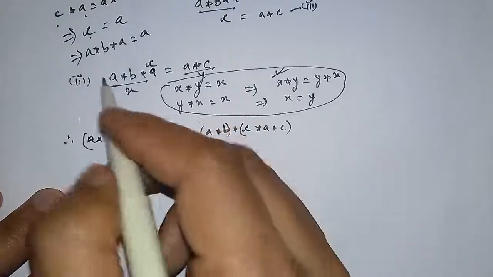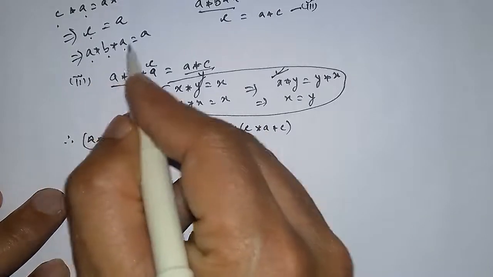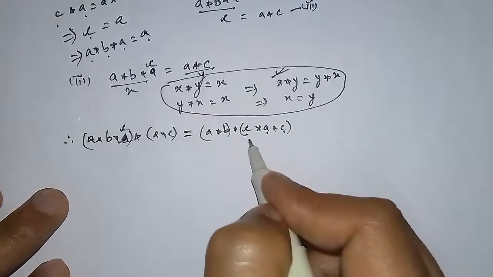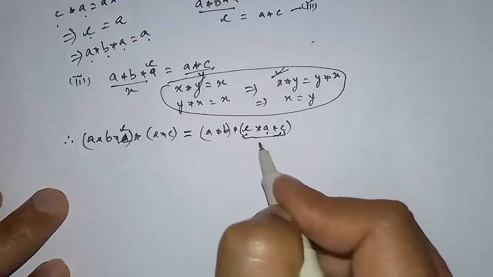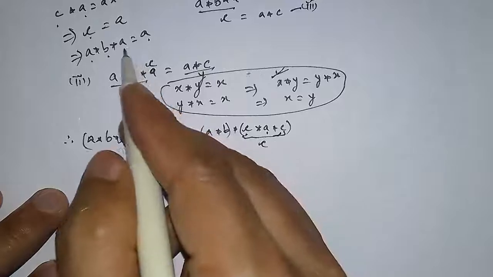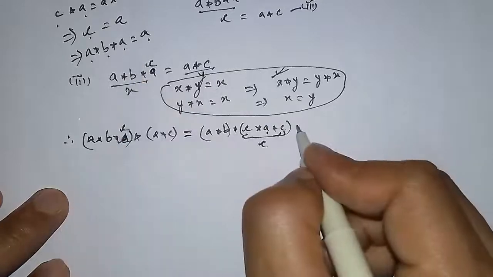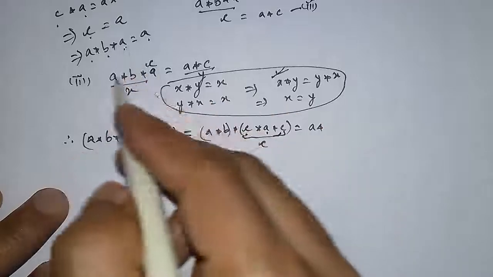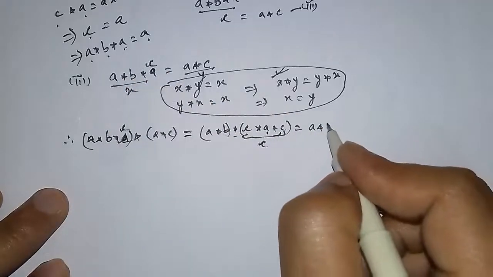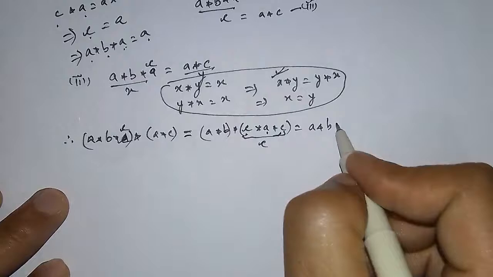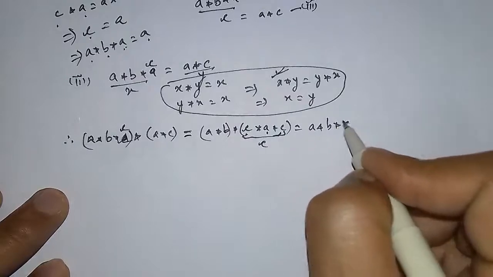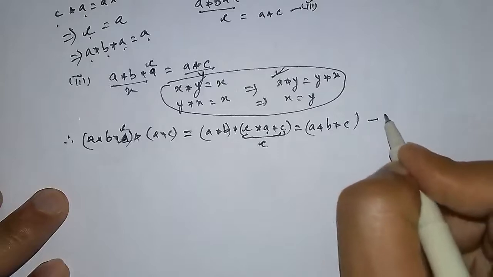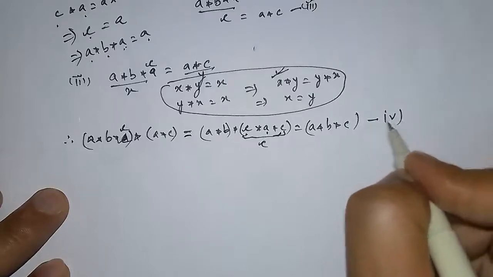See, A star B star A is equal to A, therefore C star A star C will be converted to C. Using this theorem, we have used this proof to solve this proof. A star B star C. This is our fourth result.